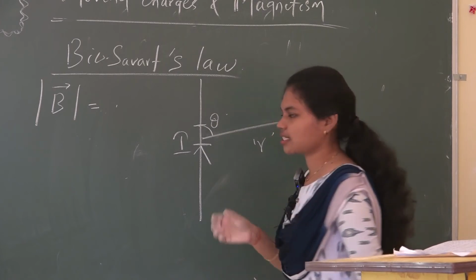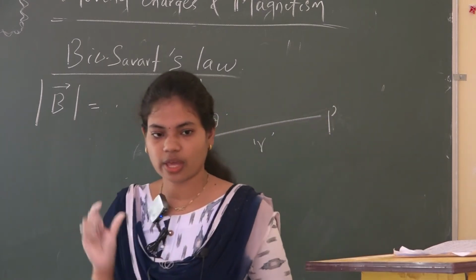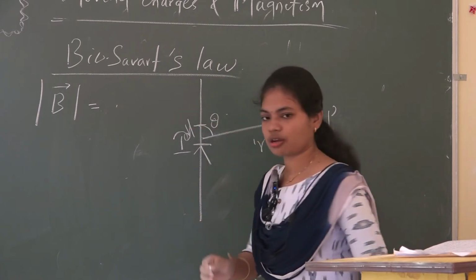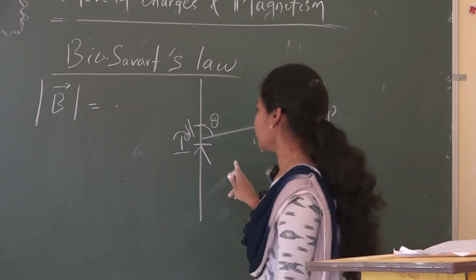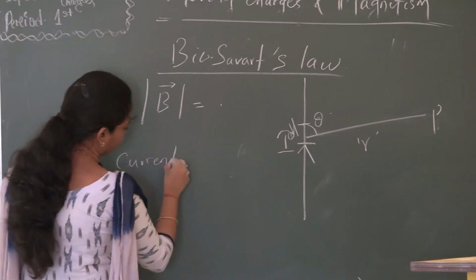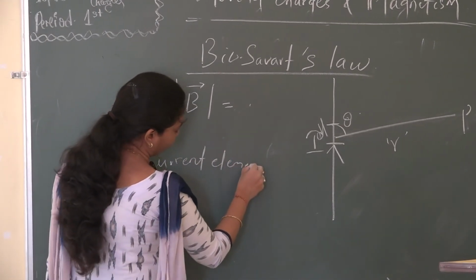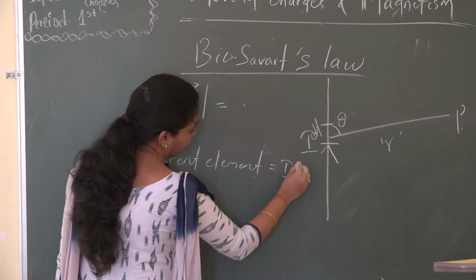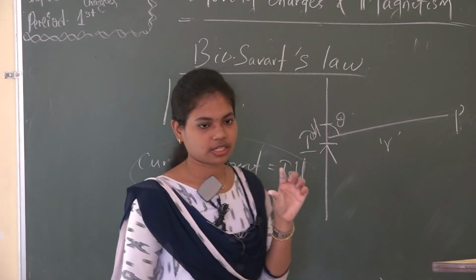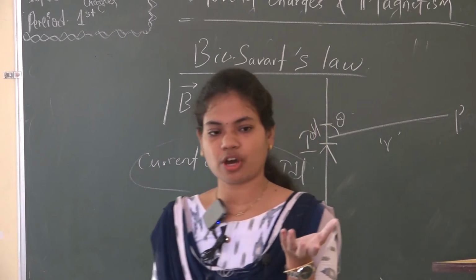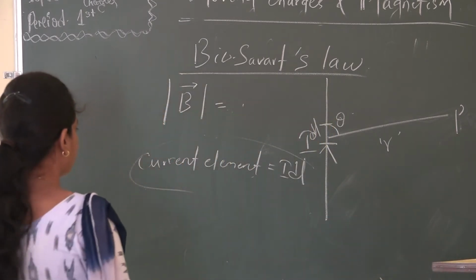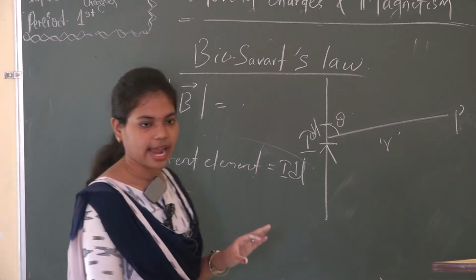Suppose we take a small section of that straight current carrying wire, that is dl. Then the current element is I dl. dl is the small section of wire, and I amount of current is flowing through the straight wire. So the current element is I dl.